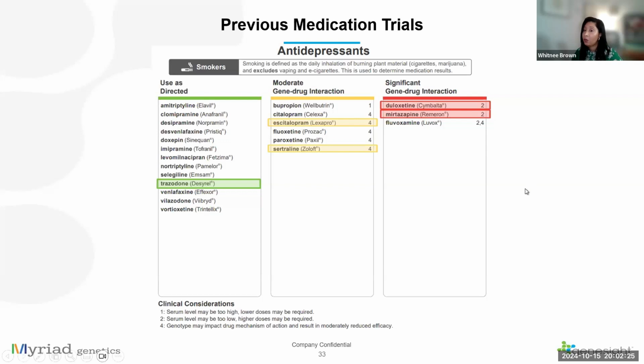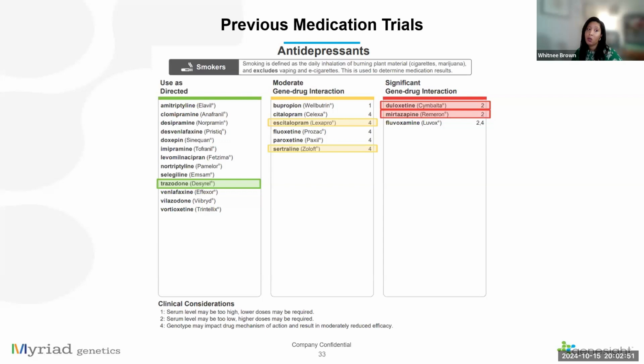In the yellow column, you will see the moderate gene-drug interactions, indicating that we need to be a little bit more cautious, slow down, and consider our clinical considerations. As you see here, both of these were 4, indicating that he had a moderately reduced efficacy to Lexapro and Zoloft. He mentioned that the Zoloft was what caused the manic episode, but he could not recall the dosing.